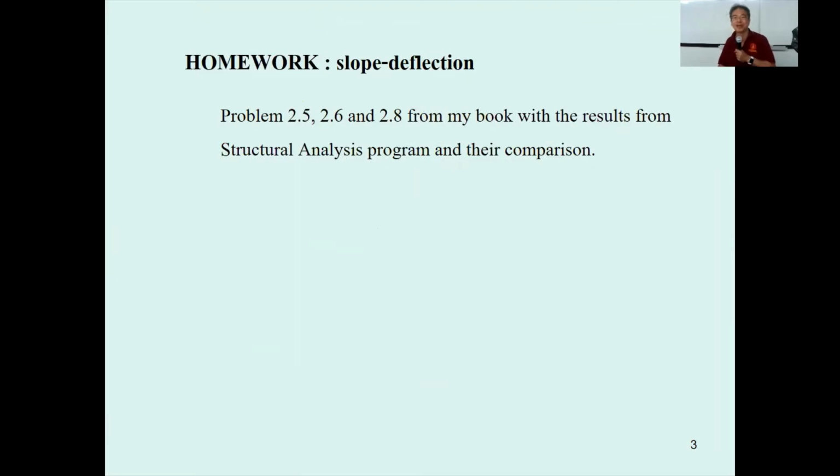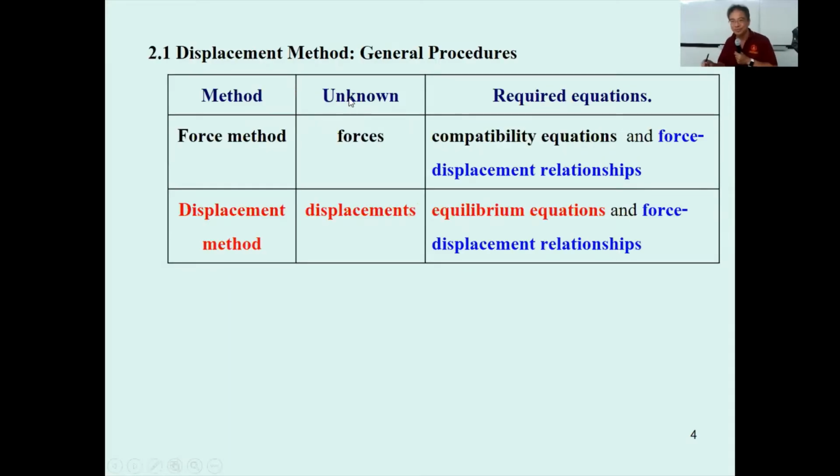Now go back to the example. So sorry, go back to the homework. You have 3 homework problems. You've got to solve them, and then you've got to compare the result from the manual calculation with the substructure program. Let me just recall it. The displacement method: from the previous one, we use zeta sub B and zeta sub C as the unknown displacements.